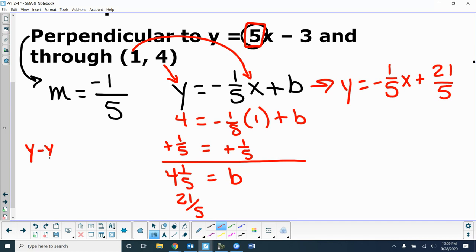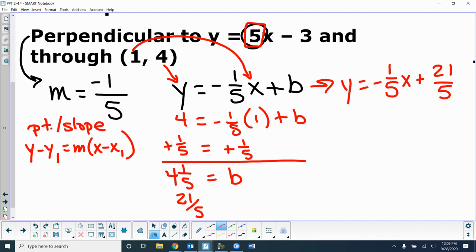It's okay. There was point slope. Some of you like doing it that way. You still then get y by itself. So if we did it that way, we would have put y minus 4 equals negative 1/5 times the quantity x minus 1.